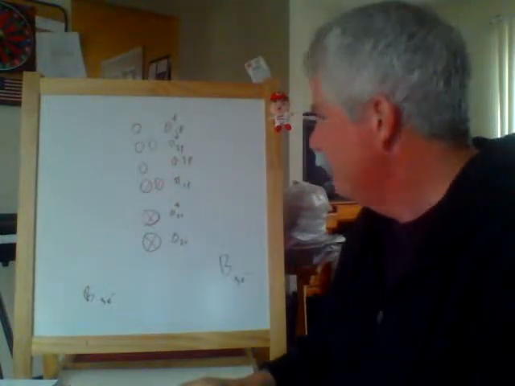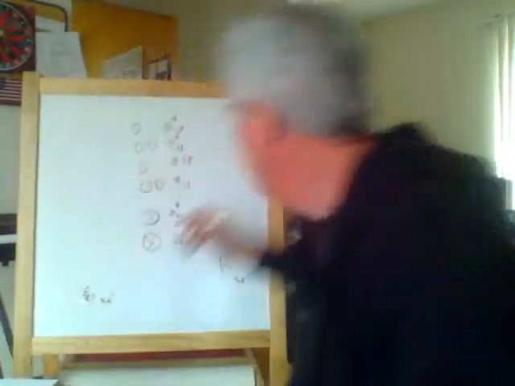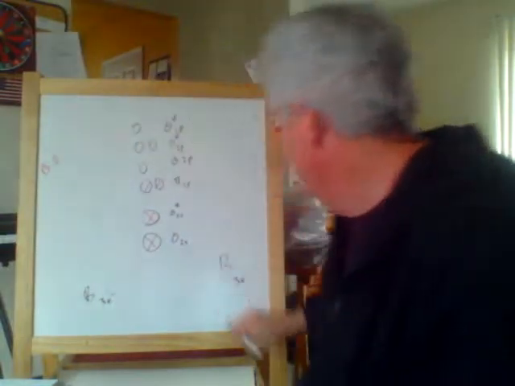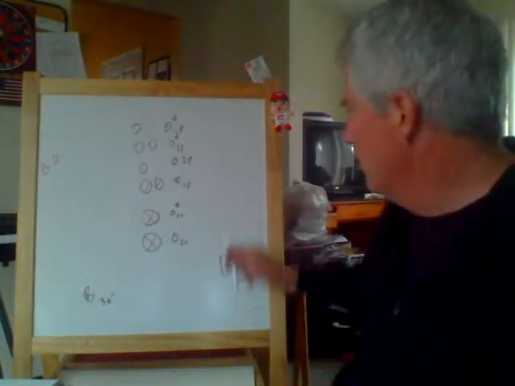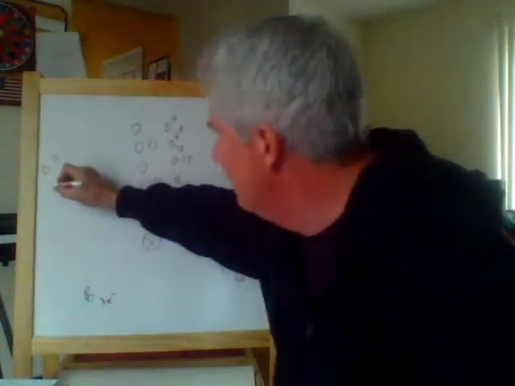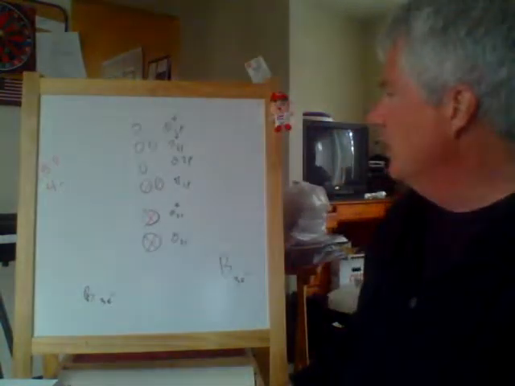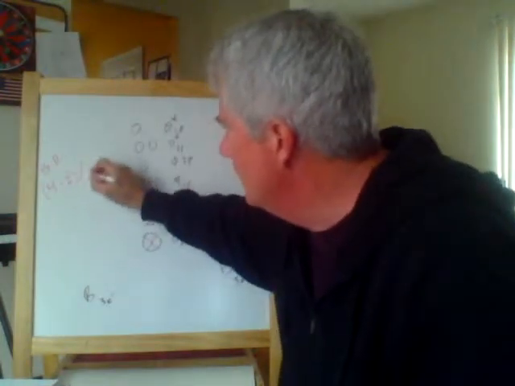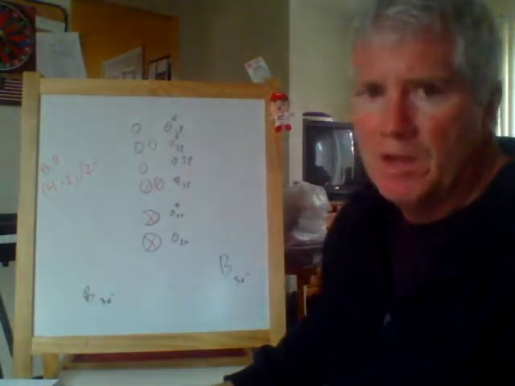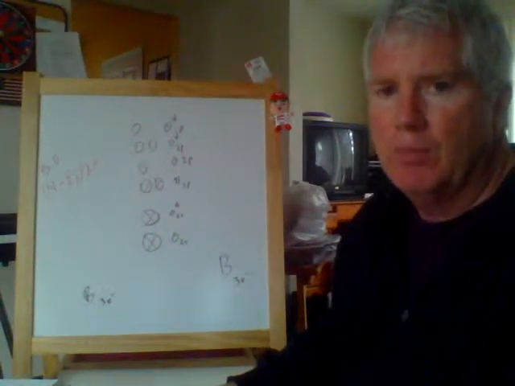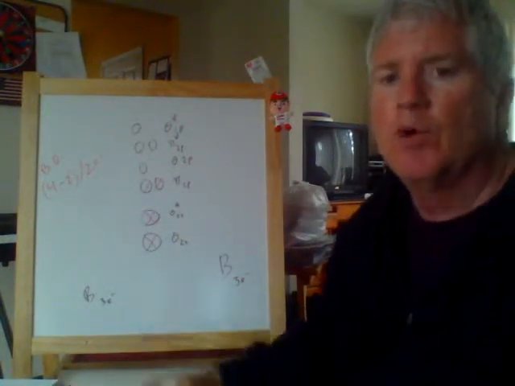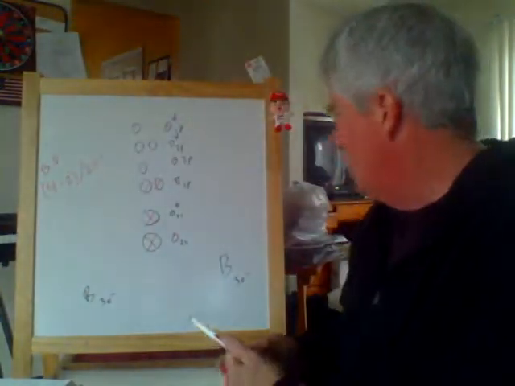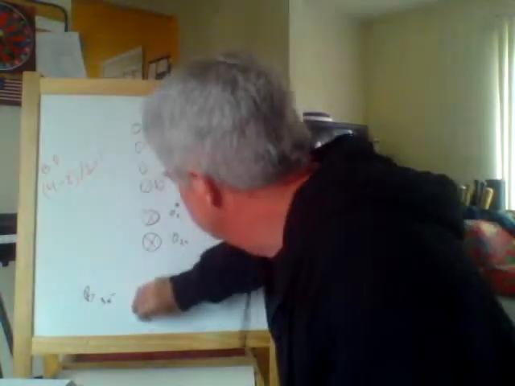When you do the math, the bond order is the number of electrons in bonding orbitals, which is 4, minus the number of electrons in anti-bonding, which is 2, divided by 2, and you end up with 1. So the bond order of diatomic boron is 1, meaning it forms a normal bond. All right, we can do the exact same thing with carbon.